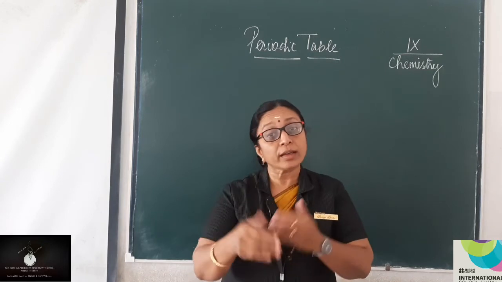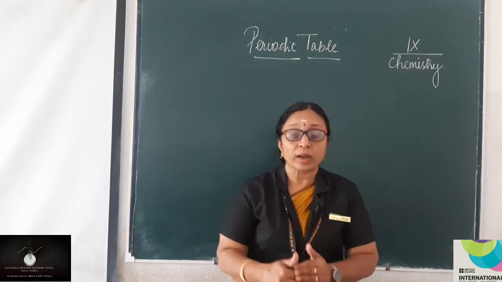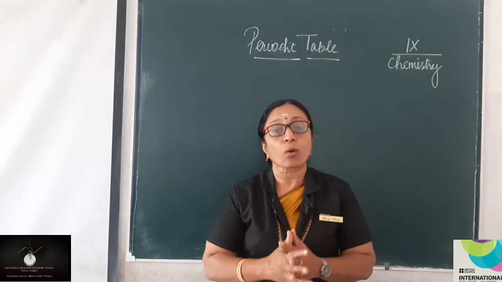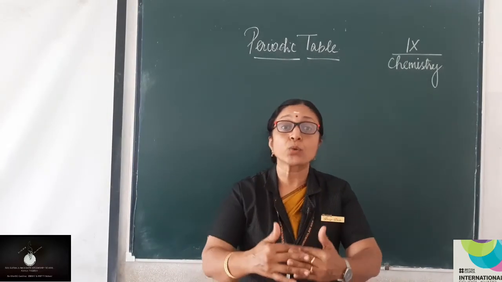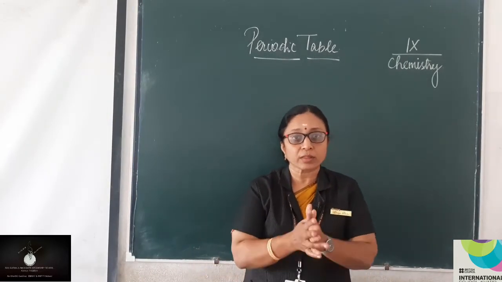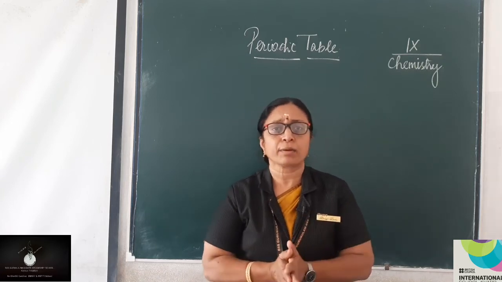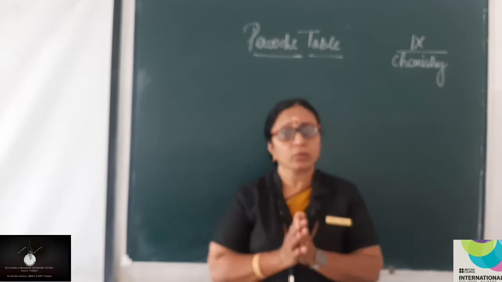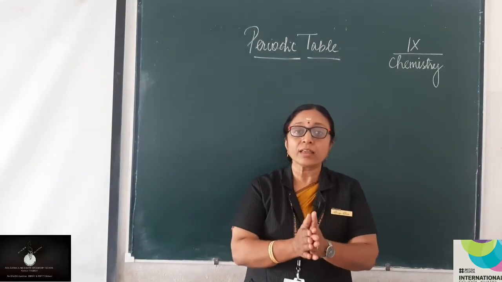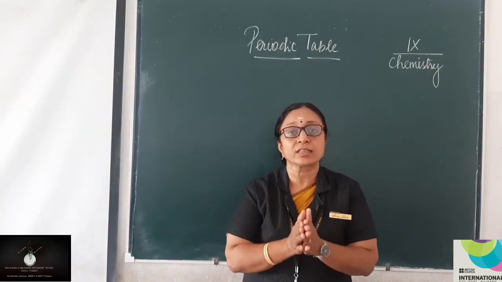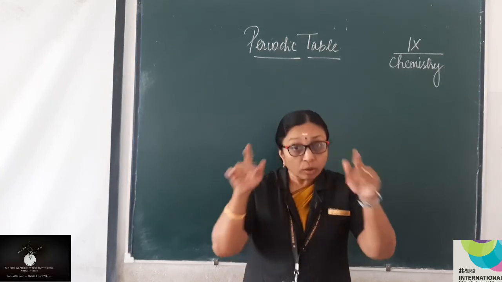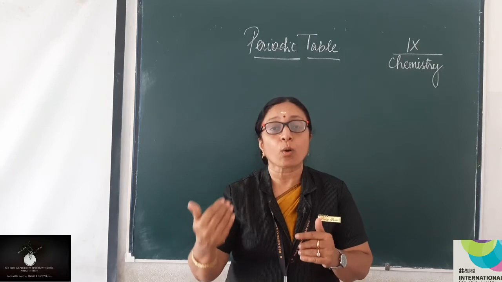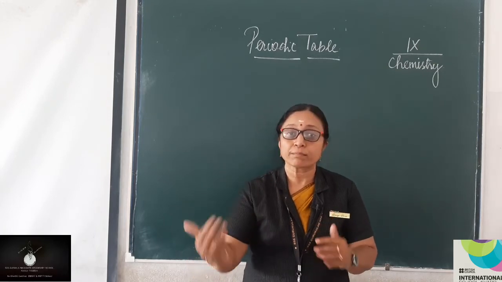How did he arrange these elements? Well, these elements are arranged in the increasing order of their atomic masses. What is atomic mass? Mass number. Atomic mass and mass number both are the same. So he arranged the then existing 63 elements on the table according to the increasing order of their atomic masses.